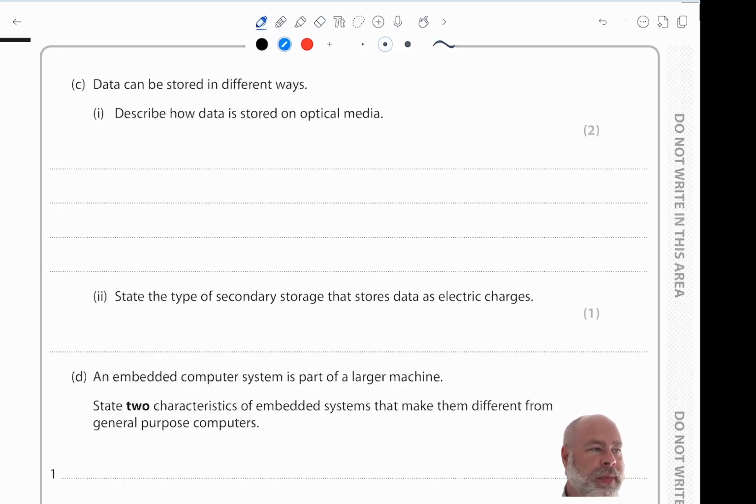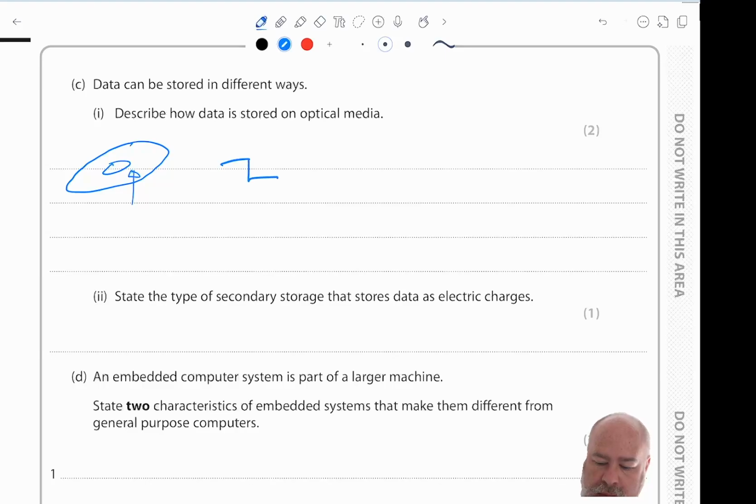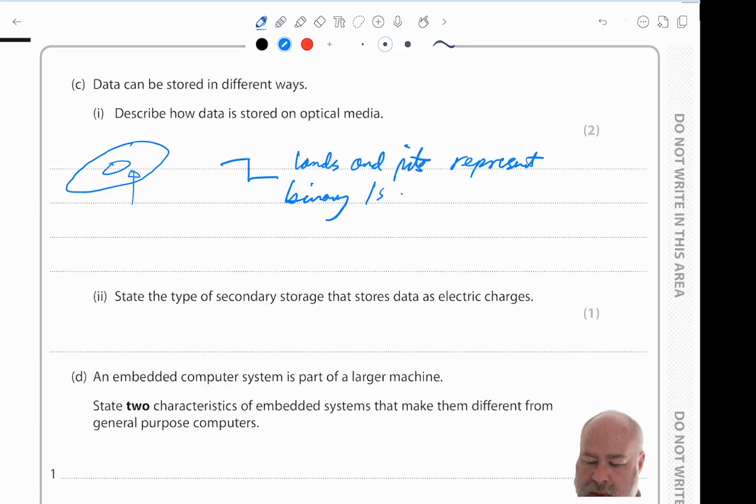Well, optical media, for example, a CD, DVD, or a Blu-ray, has a reflective layer on it, and on that reflective layer you'll get essentially lands or pits representing, so lands and pits represent binary ones and zeros.